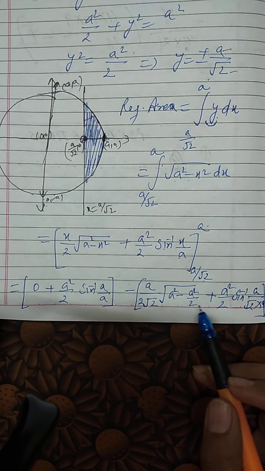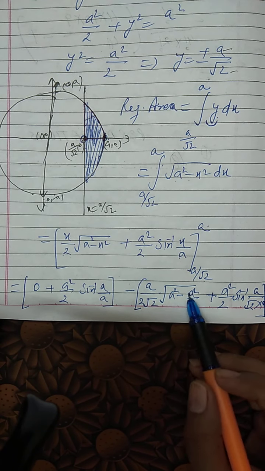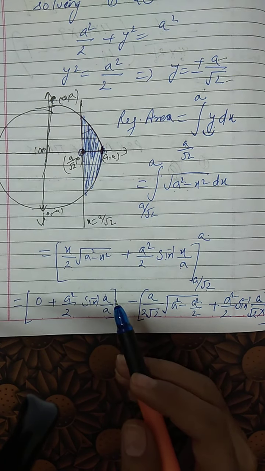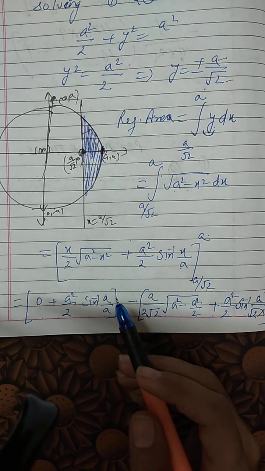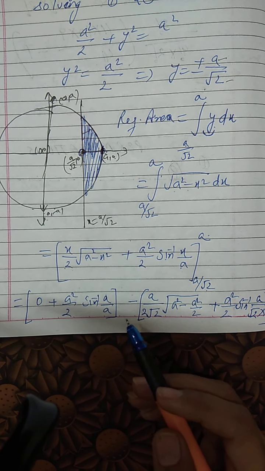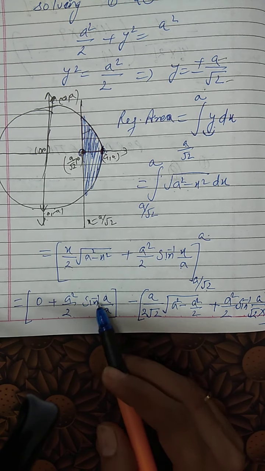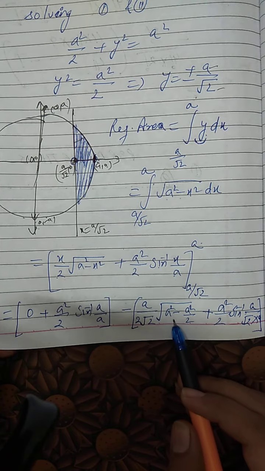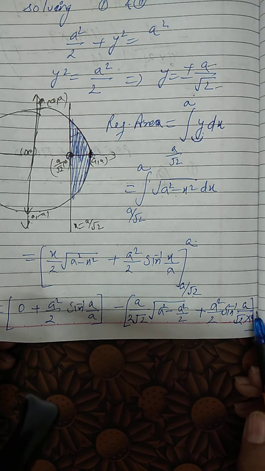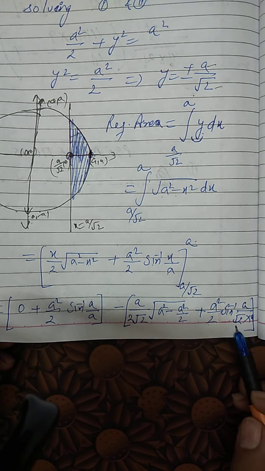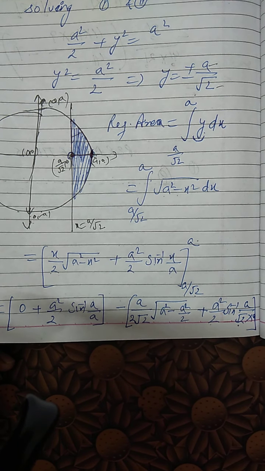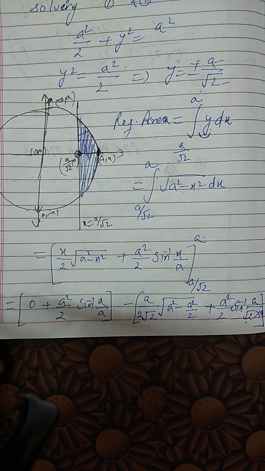Here I will again get root of a square by 2, that will be a divided by root 2, and sine inverse a upon a means sine inverse 1, and sine inverse 1 is pi by 2. This will become a by 2 root 2 into a by root 2, and a square by 2 sine inverse a upon a, where a and a cancel, giving sine inverse 1 by root 2, which is pi by 4. So let us substitute these values here so that we can get the answer.